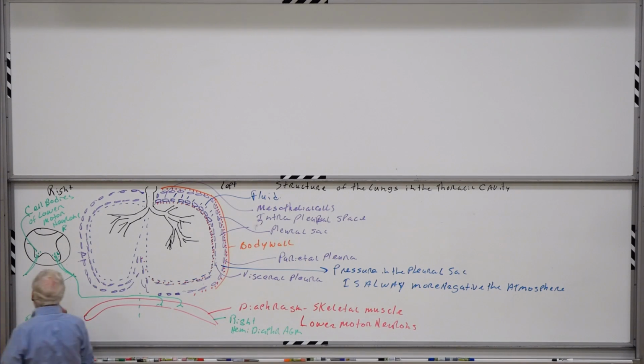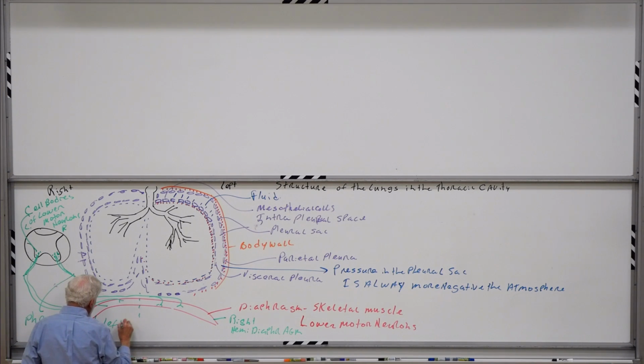And of course, because we're bilaterally symmetrical here on the left side, these lower motor neurons send a process out into the phrenic nerve, and they are then destined to innervate the left hemidiaphragm.